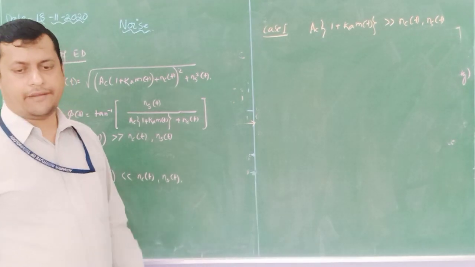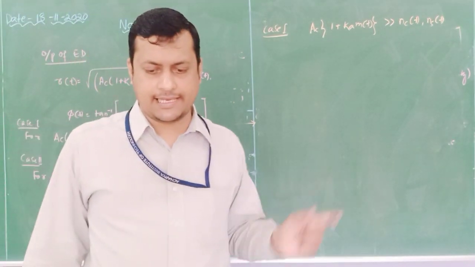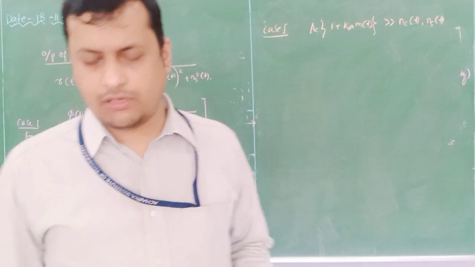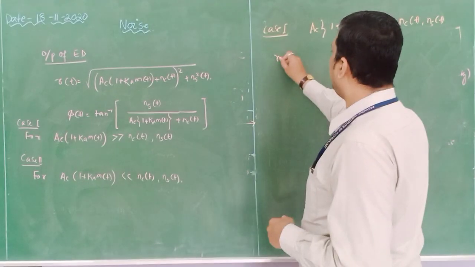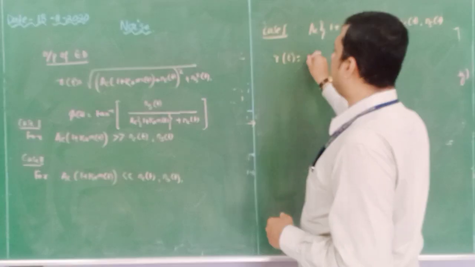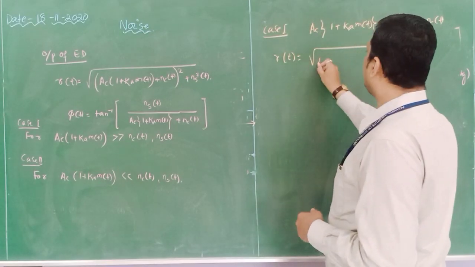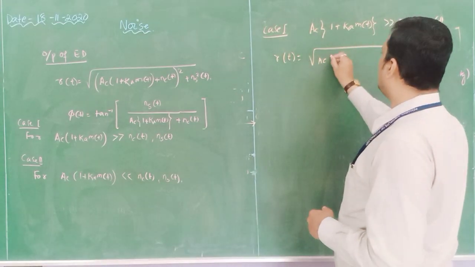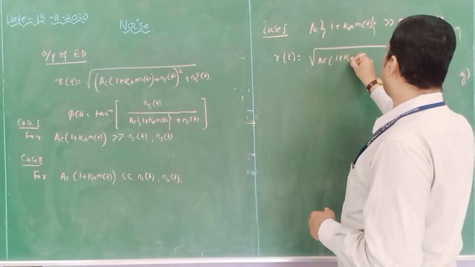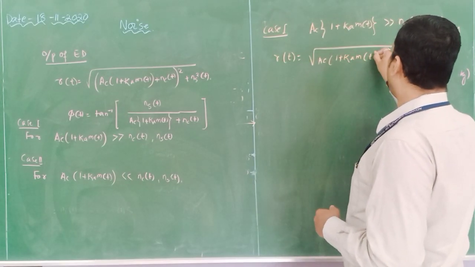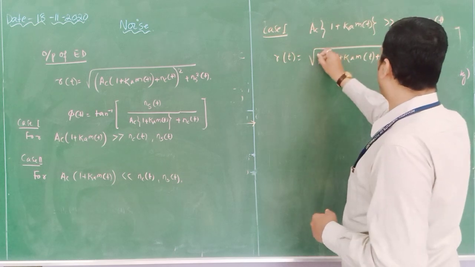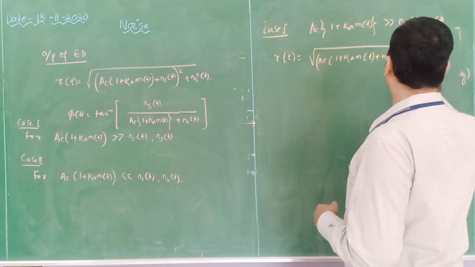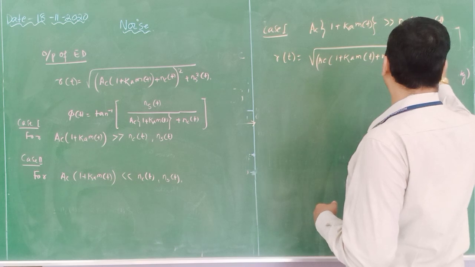Then if this Ns square of t is neglected, then what will be our extracted part? My r(t) will become the root of [Ac(1 + Ka m(t)) + Nc(t)] whole square plus Ns square of t.